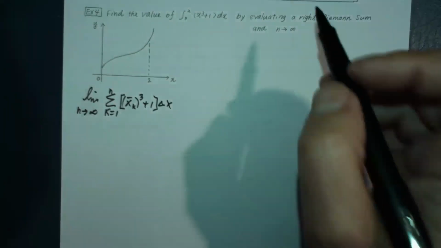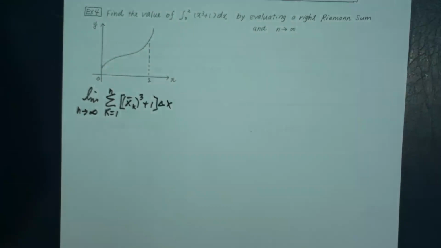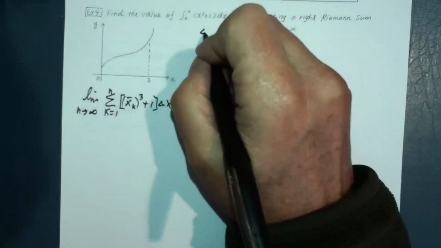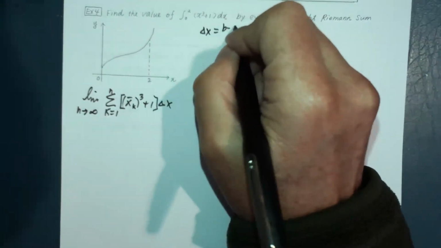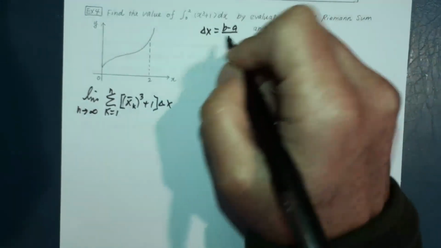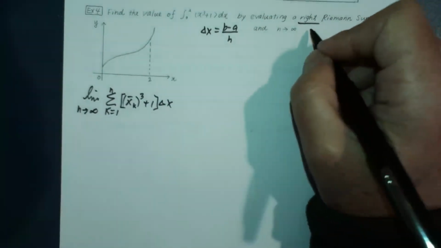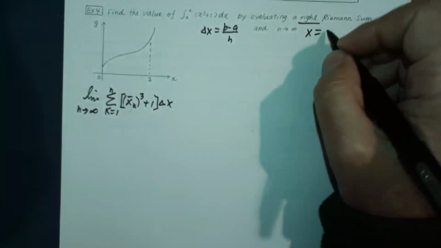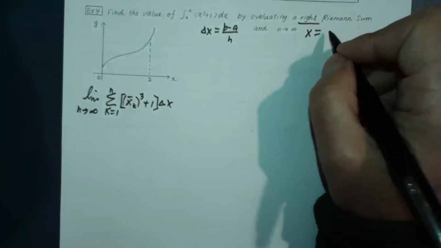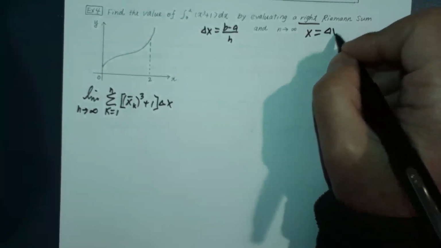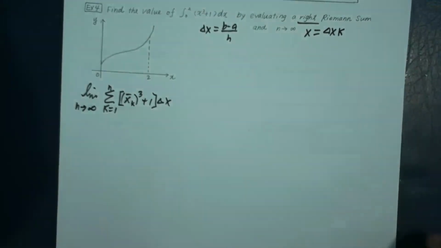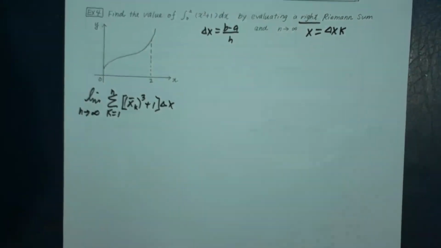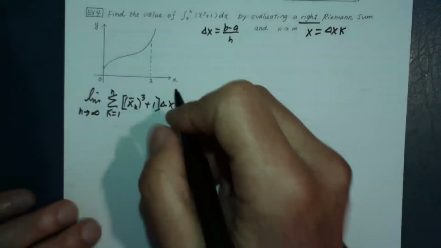A couple of things to keep in mind. Notice it's saying that's the right Riemann sum. So if you recall, delta x is equal to (b minus a) over n. And for the right Riemann sum, our x values were delta x times k. If you remember, the left one was k minus 1. All right, so let's go ahead and try to evaluate this.